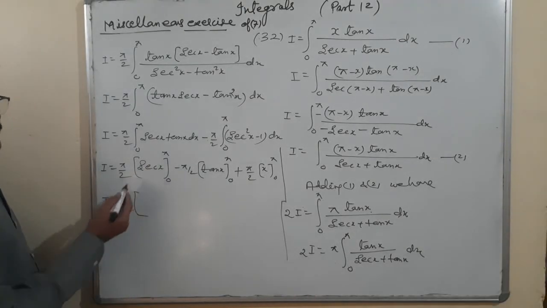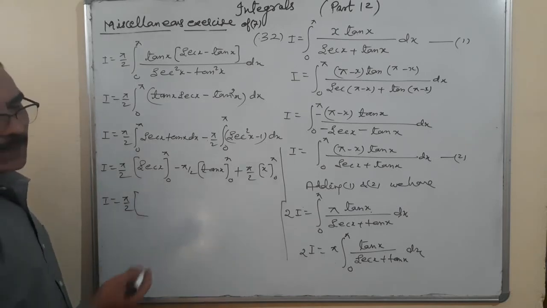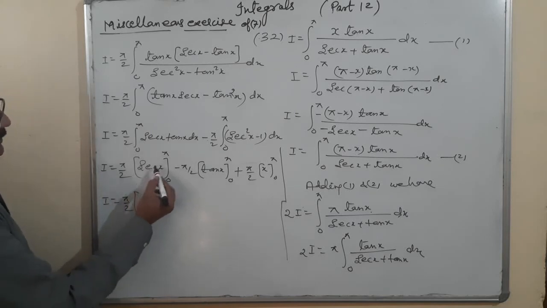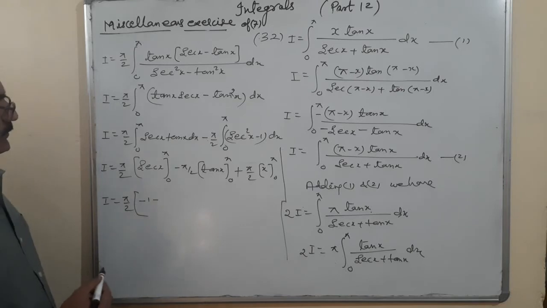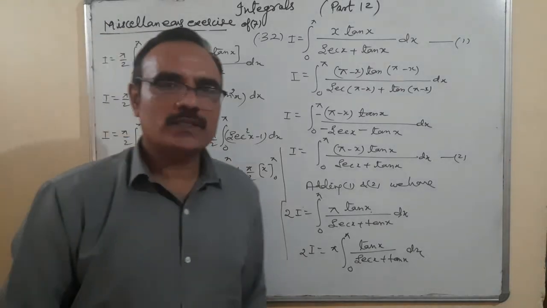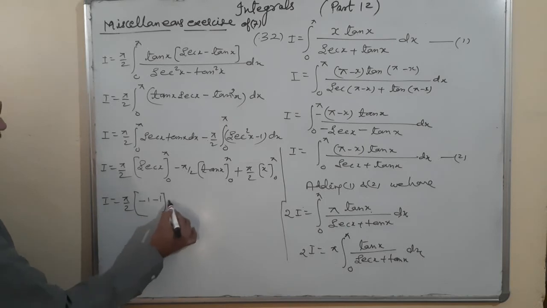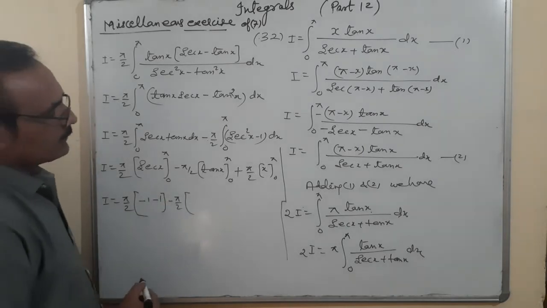Let us see the value of sec 180, because cos 180 in the second quadrant is minus 1. So sec 180 is also minus 1, minus sec 0, because cos 0 is 1, therefore sec 0 is 1. So it is 1 minus pi by 2 tan 180.